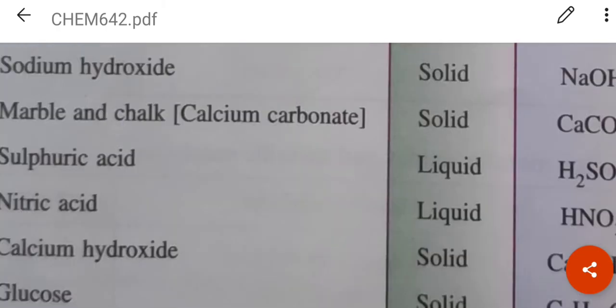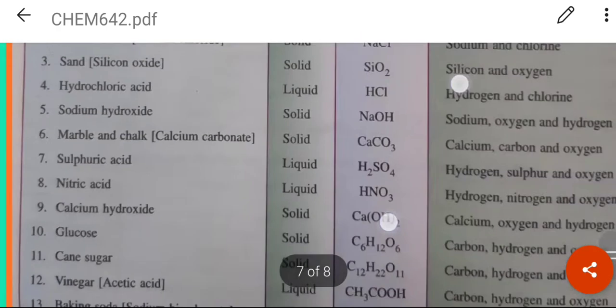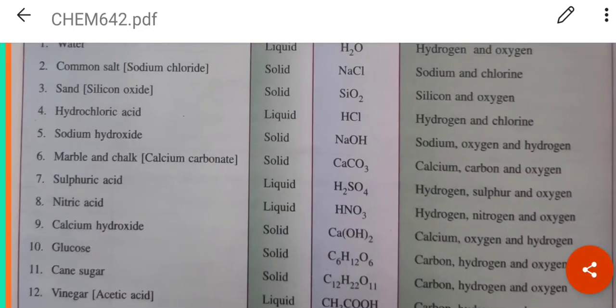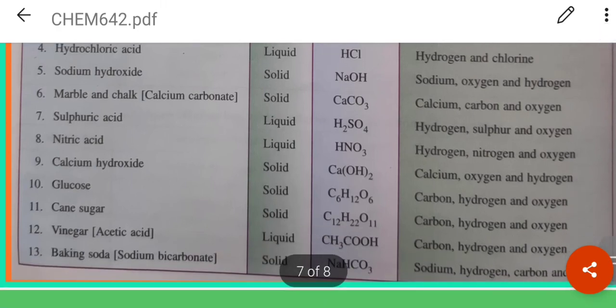Now marble or chalk, chemically they are known as calcium carbonate, which is a solid. Formula is CaCO3. Elements present are calcium, carbon and oxygen. Sulfuric acid is a liquid. Formula H2SO4. So elements present are hydrogen, sulfur and oxygen.